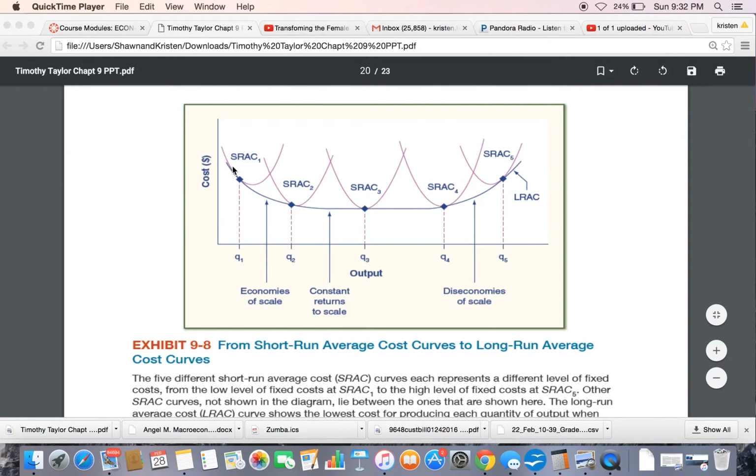Now, let's think about the bakery example again. If we're making cupcakes and our factory is of this size, perhaps the lowest point on our short-run average total cost curve is here. But maybe if we increase our factory size, we hire more workers, we have more ovens, we have better equipment, we can have more people doing different jobs.